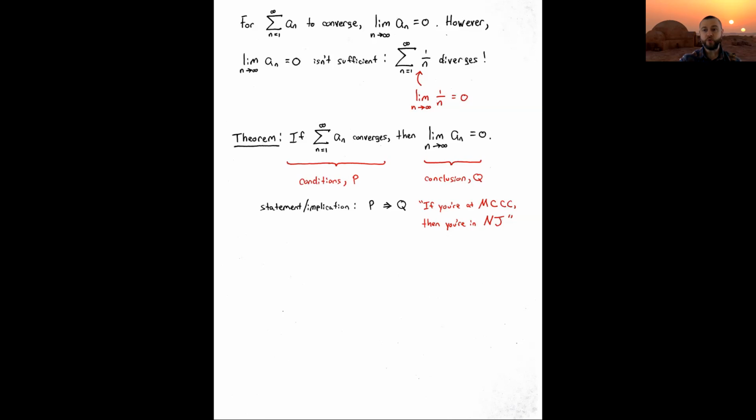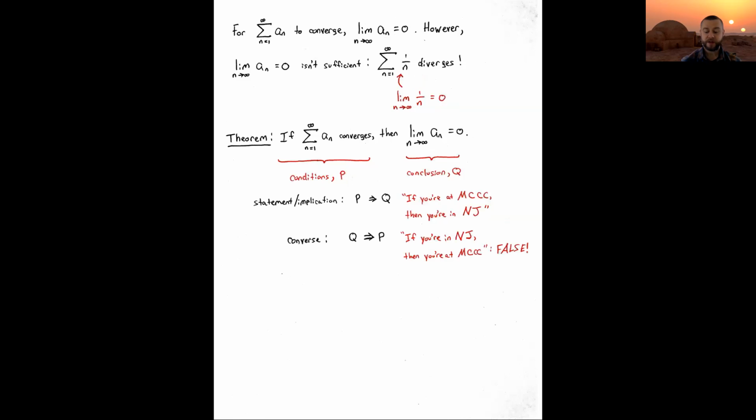All right, to lead into what the divergence test is, let's introduce what's called the converse of a statement or implication. And this switches the conclusion with the conditions. So if our statement has the form P implies Q, the converse switches that, Q implies P. If we think about that with respect to our basic example, we reach the following: if you're in New Jersey, then you're at Mercer County Community College.